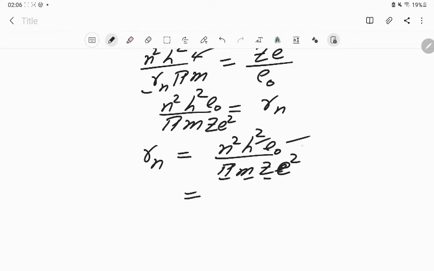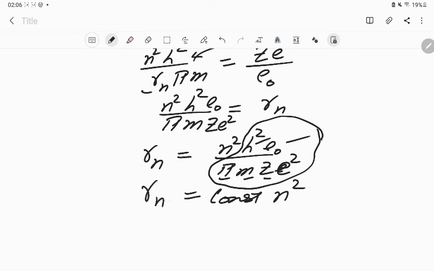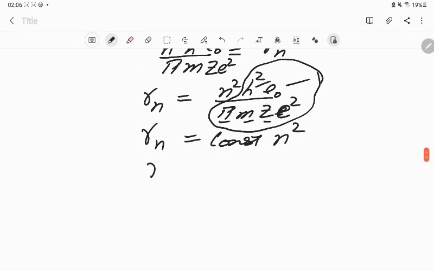So this part is constant only, so I can write rn equals constant times n square, or if you remove the constant sign it will be a proportionality sign. So the radius rn is directly proportional to n square.